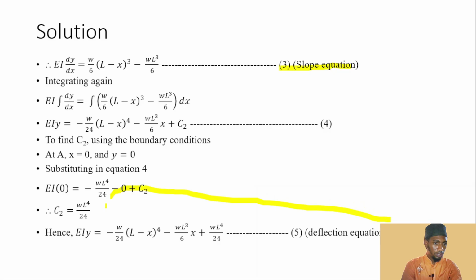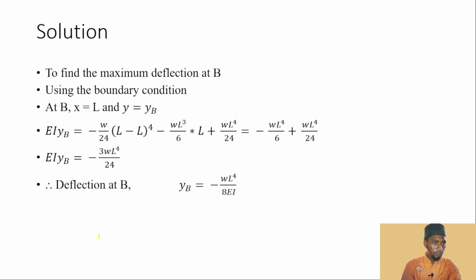Now we are substituting in this equation here, where we have minus w over 24. This is x, we replace it with L. Here we have x also, we replace it with L. Here we don't have any x, so L minus L is 0.